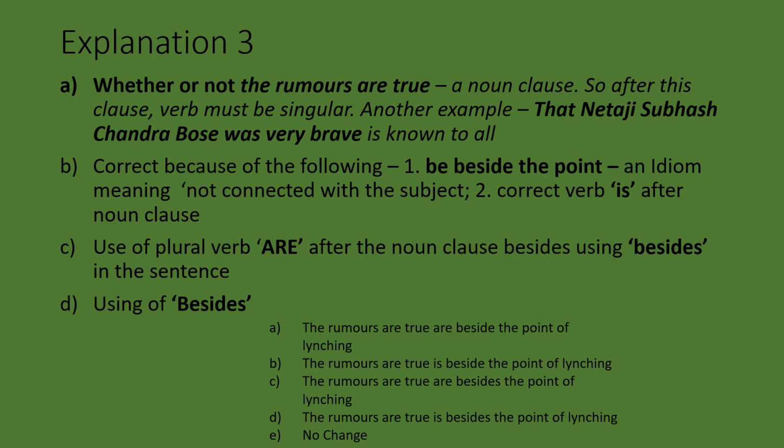Now comes to the third option. I don't like to look at any other option. Suppose we don't know that beside the point is an idiom, still that's fine. Option 3 is incorrect because again after a noun clause we have used "are". That's why it is incorrect.